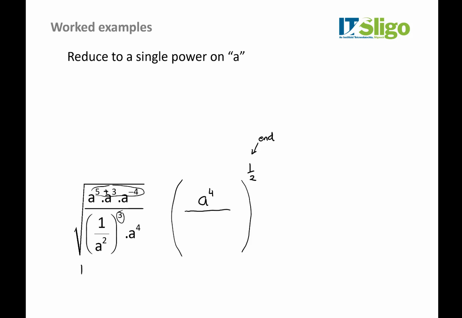Now, cubed, guys, is really 1 over a squared by 1 over a squared by 1 over a squared. So top by top by top is 1. Bottom by bottom by bottom, I add the powers, is a to the power of 6. So on the bottom, I'll have a to the power of 6.